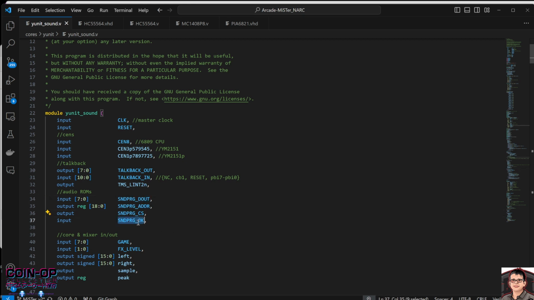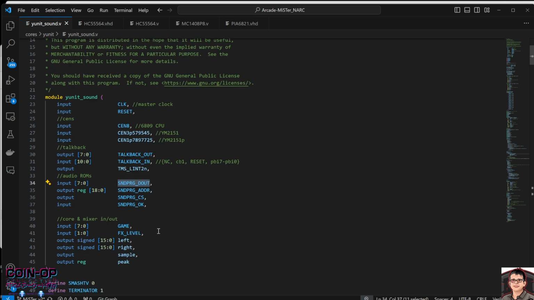And then these CS and OK signals tell the SDRAM implementation that I did in another module there is a request going on to get data out, and this will tell me when the data is ready to be read and is valid on the dout line.